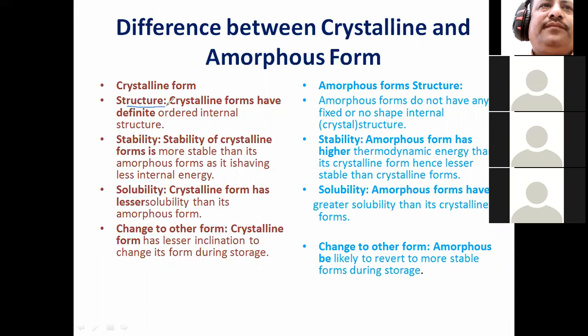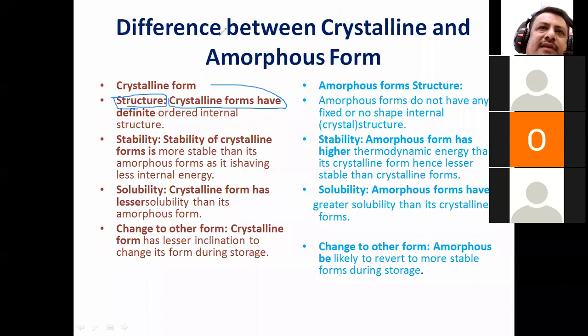So the structure in crystalline form. How is the structure in crystalline form? Are they highly ordered? Do they have a definite shape or not? Okay. So crystalline forms have a definite ordered internal structure.